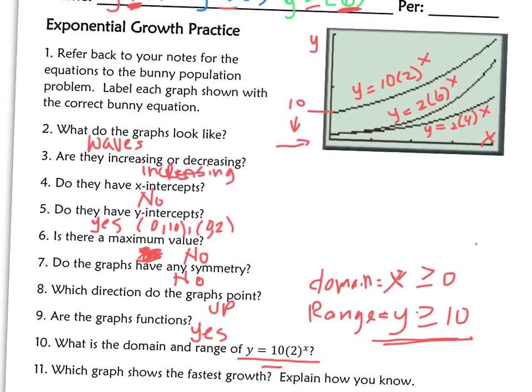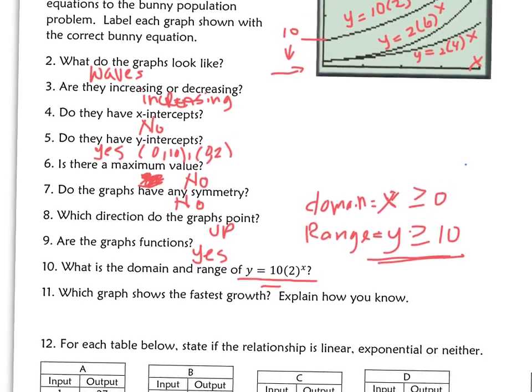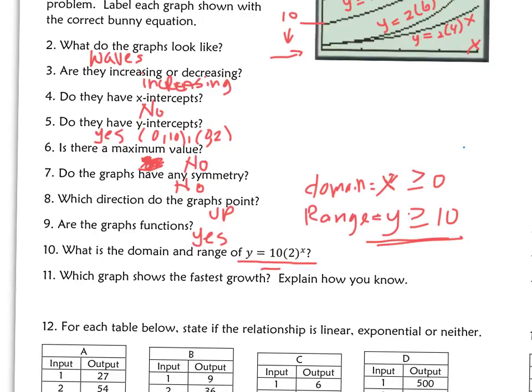All right, moving on. Which graph shows the fastest growth? Well, we talked a little bit about that. The one that ended up with 4 billion, what was its distinctive characteristic? If you said it had the biggest starter or the biggest value for a multiplier, then you are right.